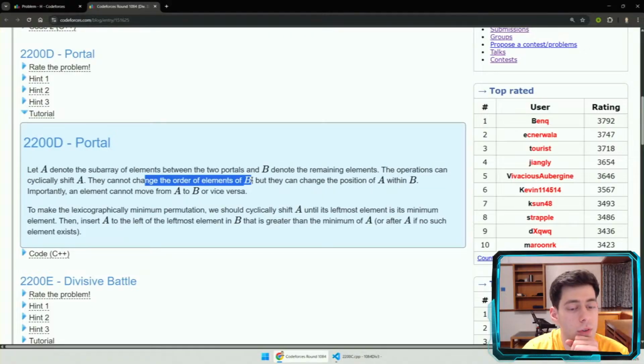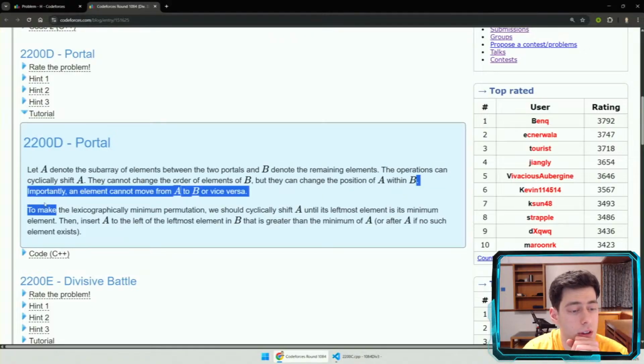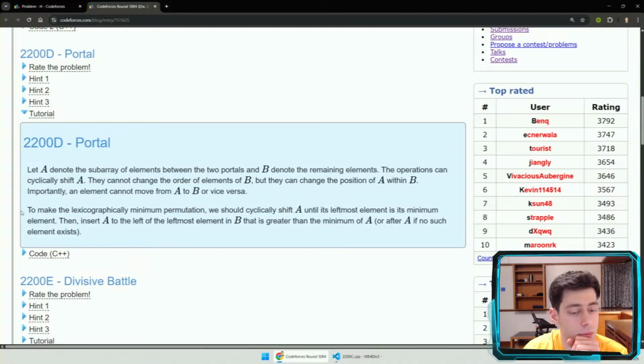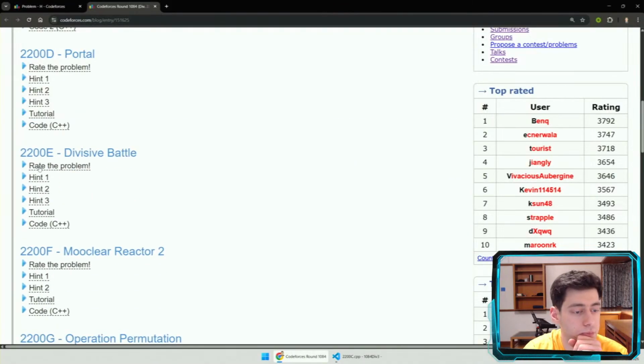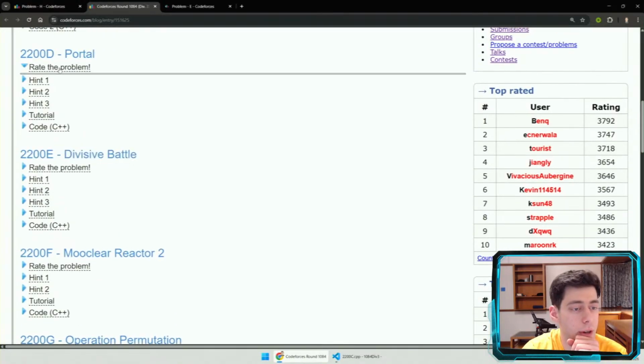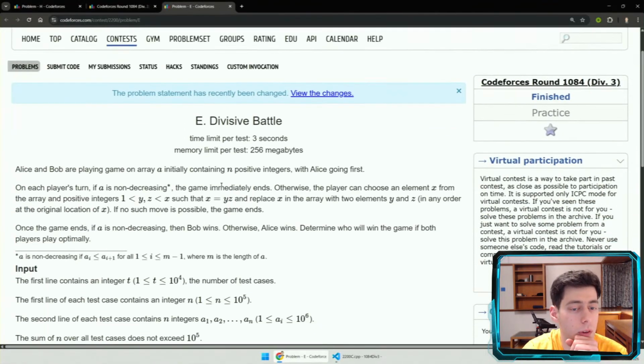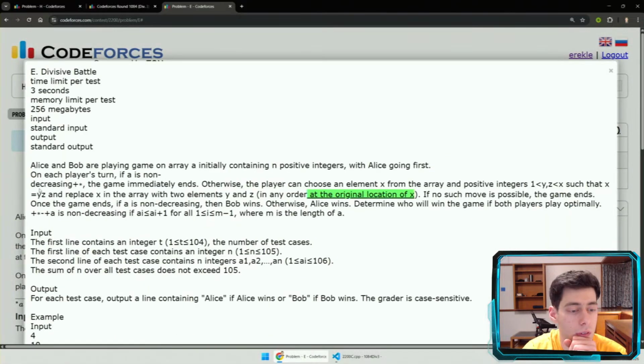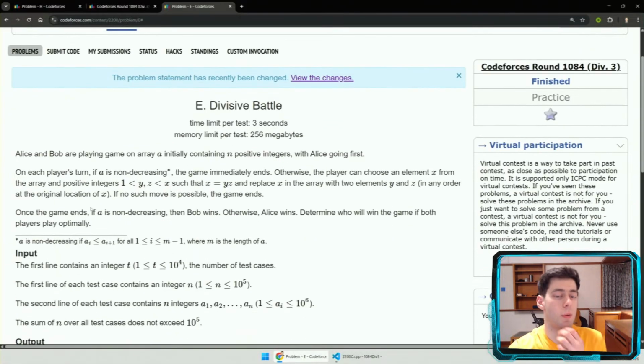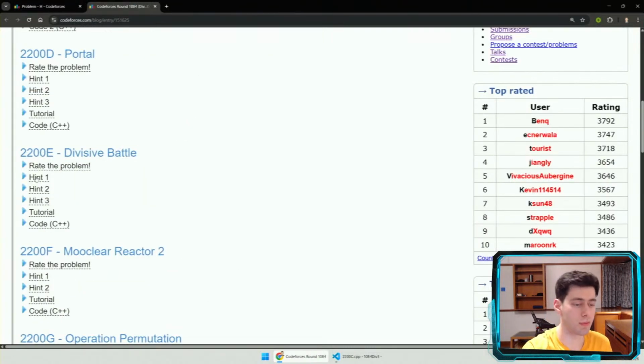They're going to change the order of the elements, but they can change the positions. Yeah. Yeah. Divisive battle. I was playing a game. Oh yeah, this was a strange problem.